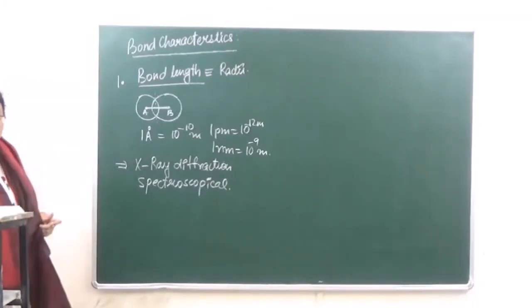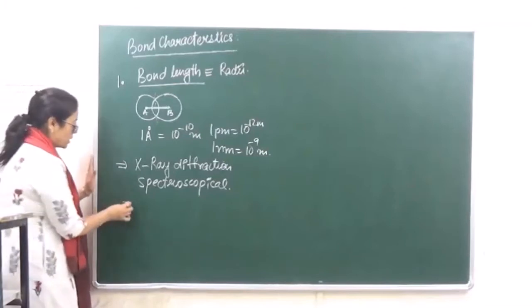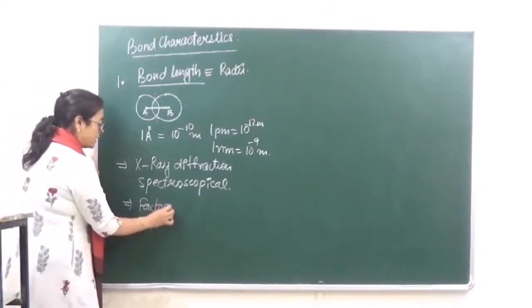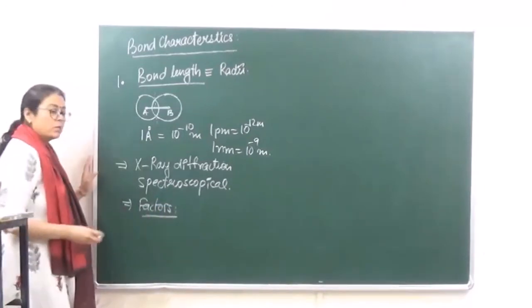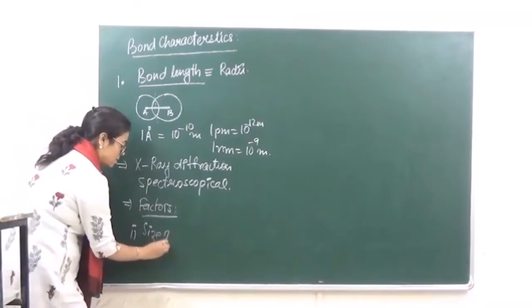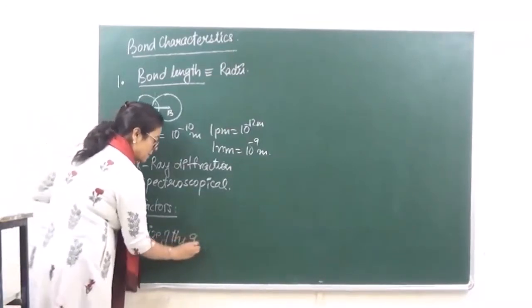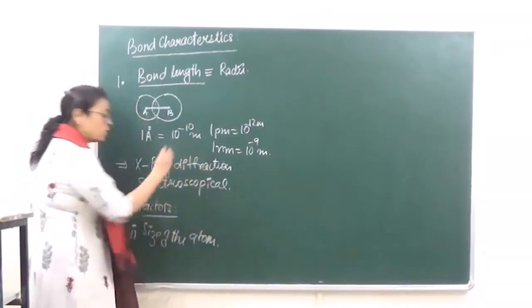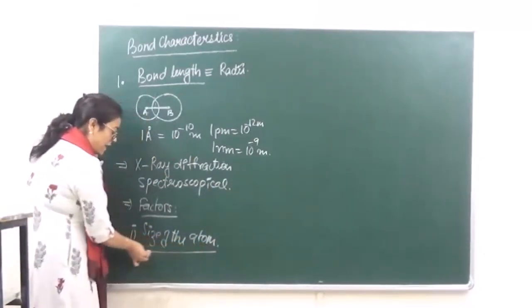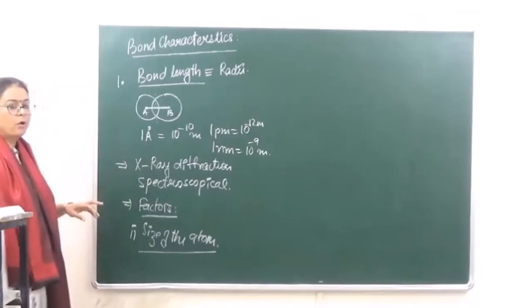जो bond length होता है, that depends upon what? Bond length factors we can write down, factors on which bond length depend. It will depend upon number one, size of the atom. ठीक है? So हम लोग बोलते हैं larger the size of the atom, larger is going to be the bond length.